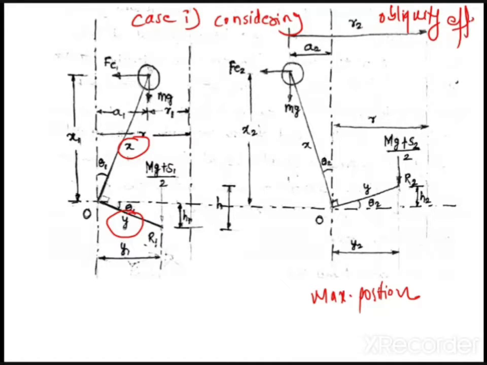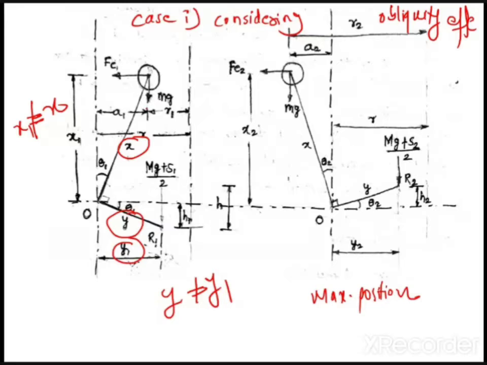What do you mean by the obligatory effect? It means x is not equal to x1. Even if it is a negligible difference, your x1 and x are different, and y is not equal to y1. So this is y1 and this is y, x and x1. We are not considering y is equal to y1; we are considering y is not equal to y1.